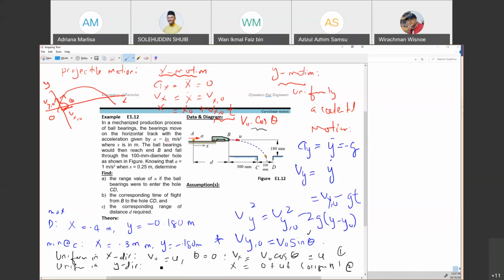And then you use equation y equal to y0 plus V0 sin theta t minus half g t square, so we name this equation 3.